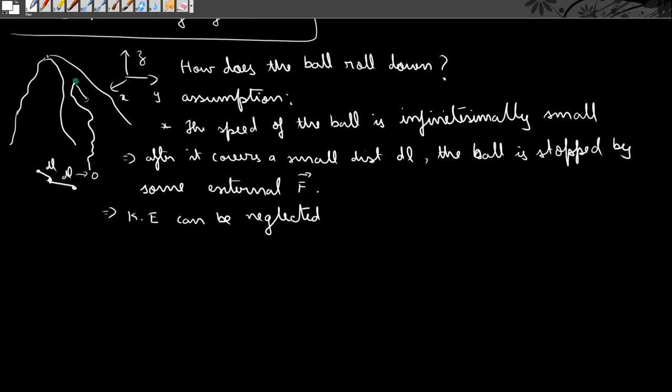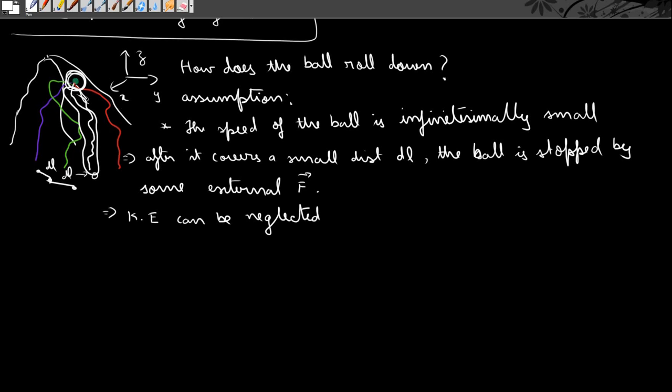So it can take many different paths. For example, it can take a path like this, or it can take a path like this, or it can take a path something like this. But what is observed is that it takes a particular unique path which is dependent on the initial position of the ball.